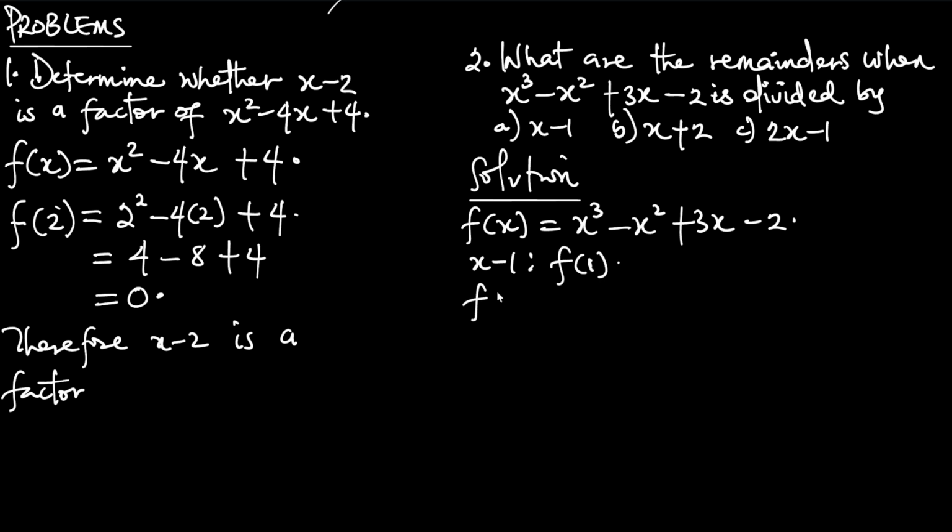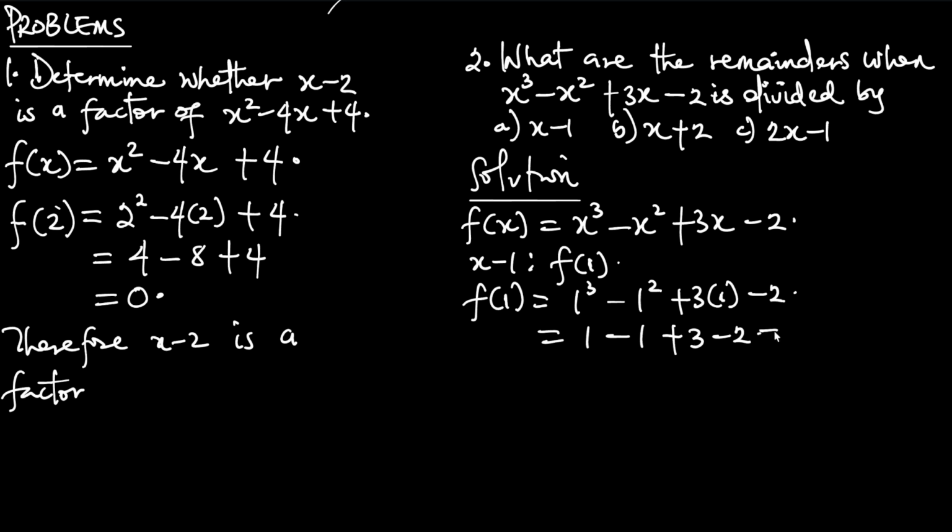So when you do that, you have f of 1 equals 1 cubed minus 1 squared plus 3 times 1 minus 2. 1 cubed is 1, minus 1 squared, plus 3 minus 2. So 1 minus 1 is 0 and 3 minus 2 is 1. So the remainder in this case is 1.